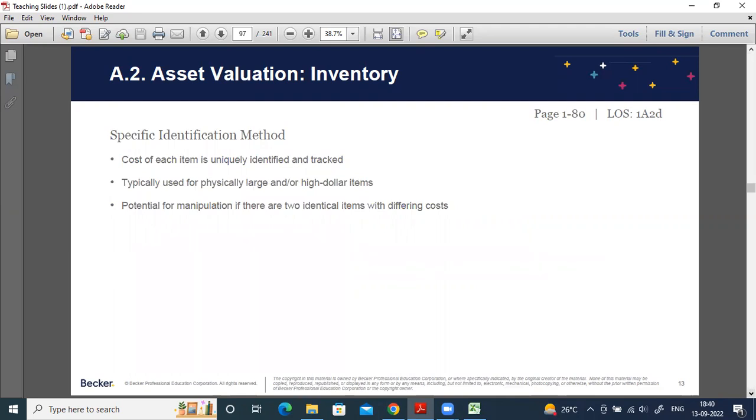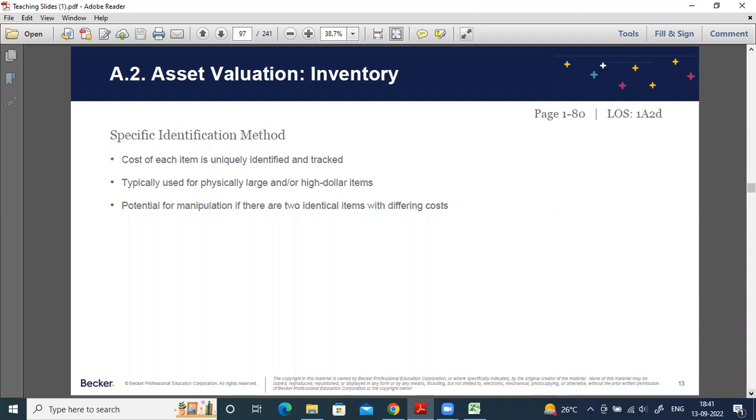And the first important thing, this specific identification method is mainly used for inventory whose cost is very high. Technically, we call it HDI, which is nothing but high dollar items. High dollar items are, in simple terms, inventory that is very costly.